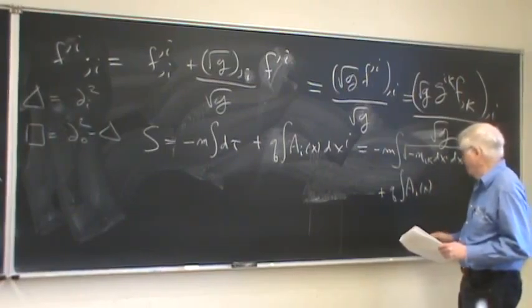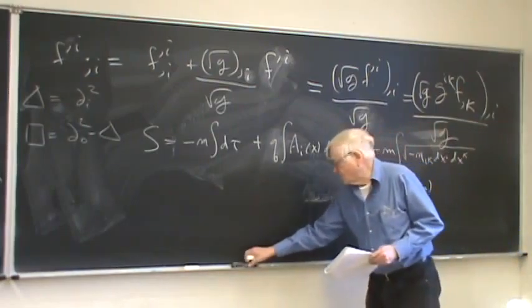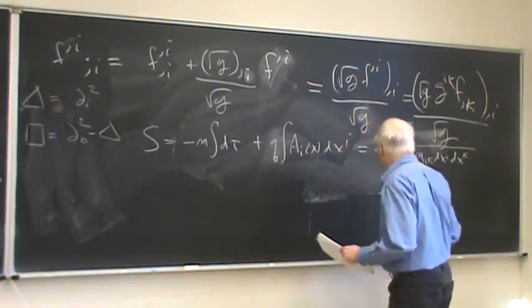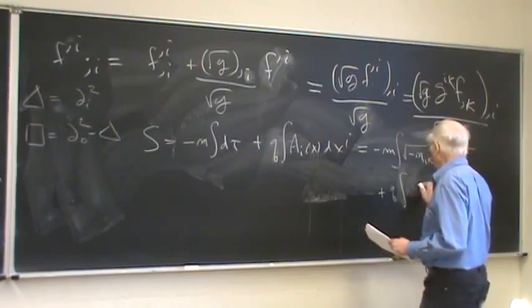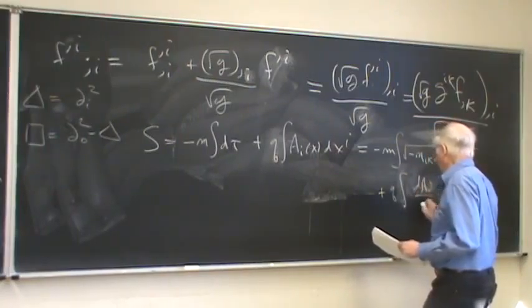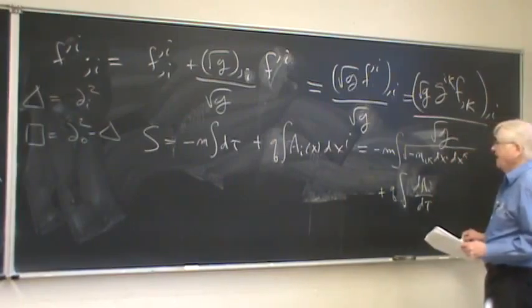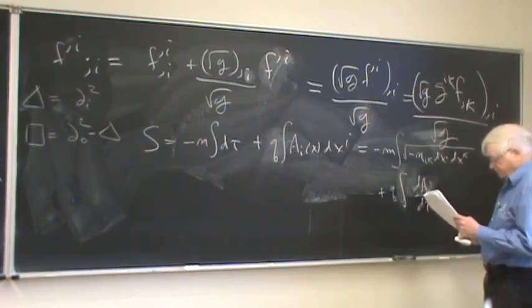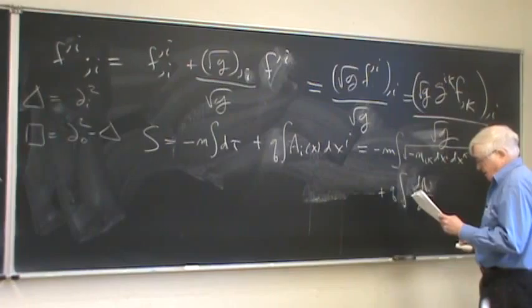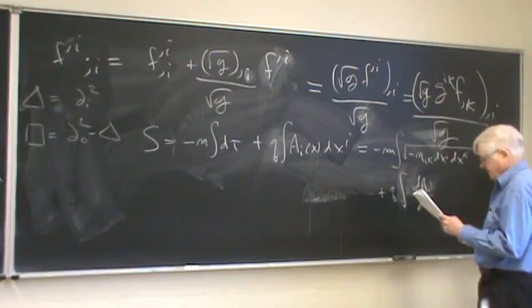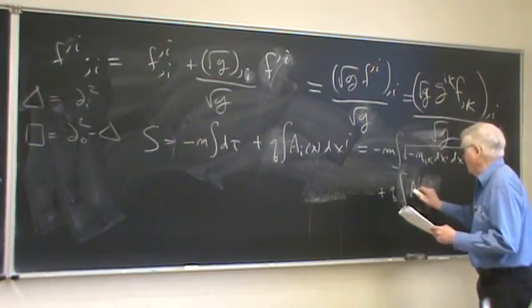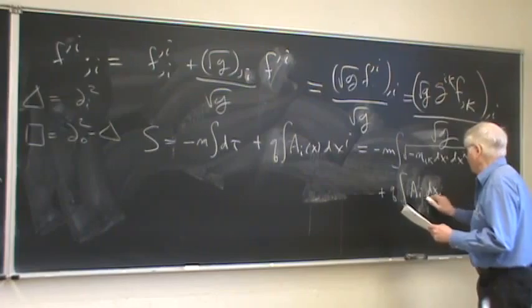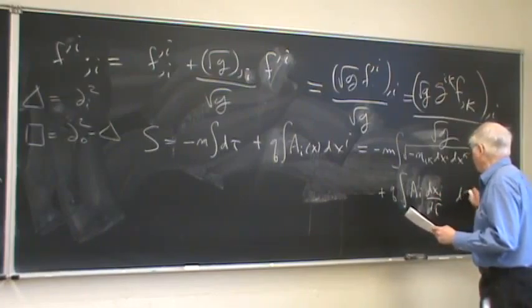And now to put in this detour, what we want to do is have an integral dA_i detour, and then A_i dx^i detour times detour.